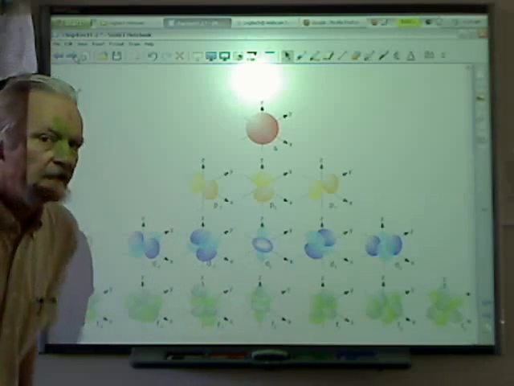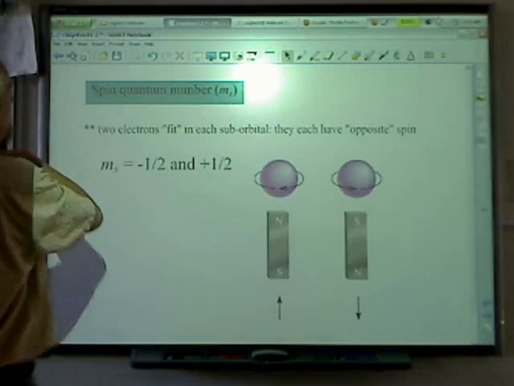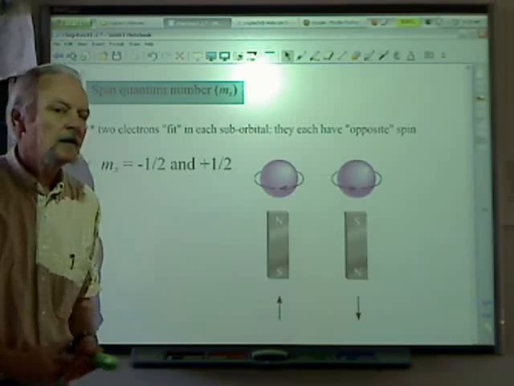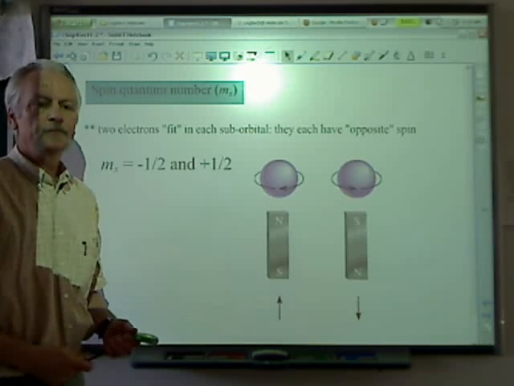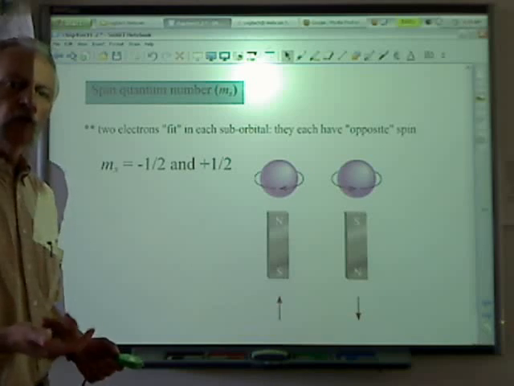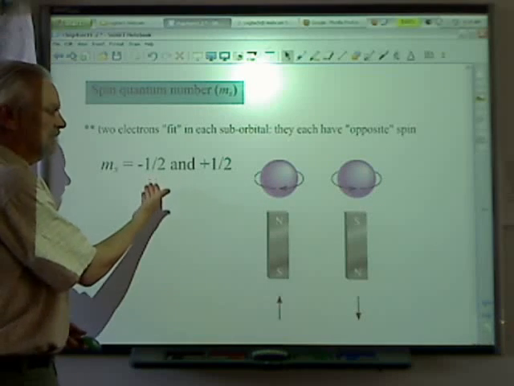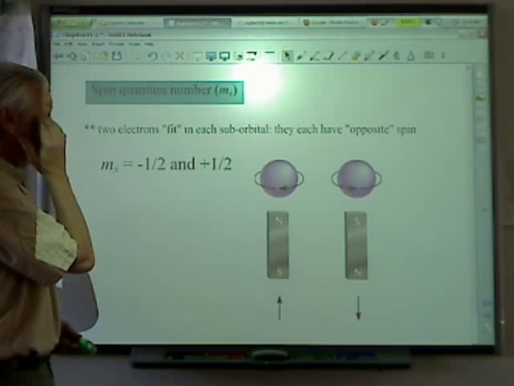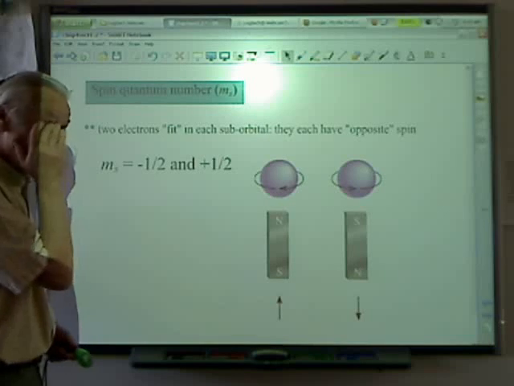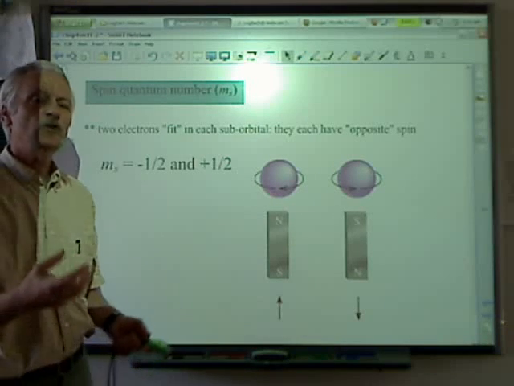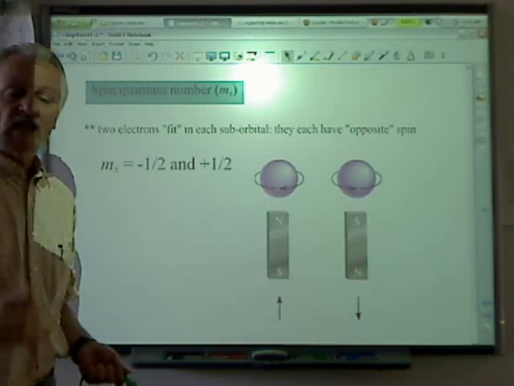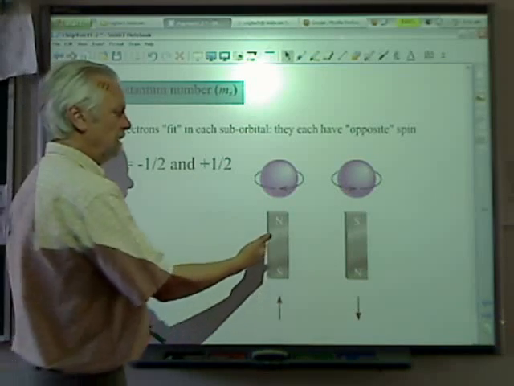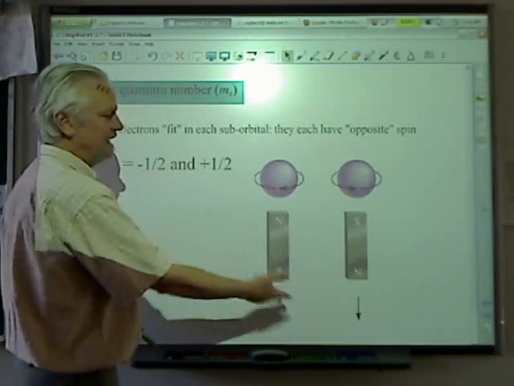Just threw this in again in case I needed to refer to it again. The final thing is the spin quantum number, which can take on one of 2 values. By tradition, we have -1/2 and +1/2. And 2 electrons are allowed within each orbital defined by the magnetic quantum number, and they must have opposite spins, likened here to magnetic poles.